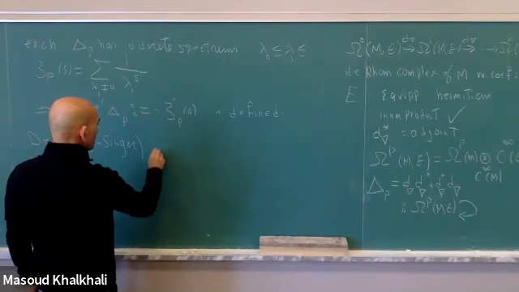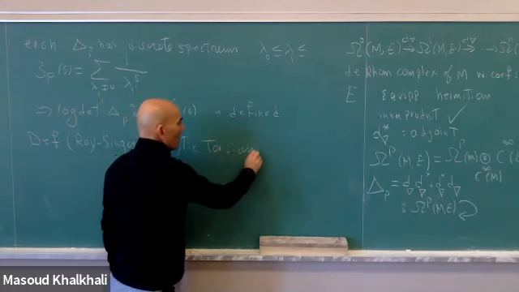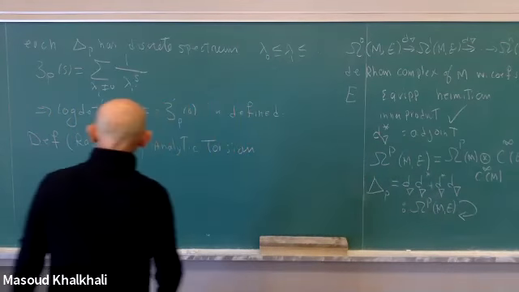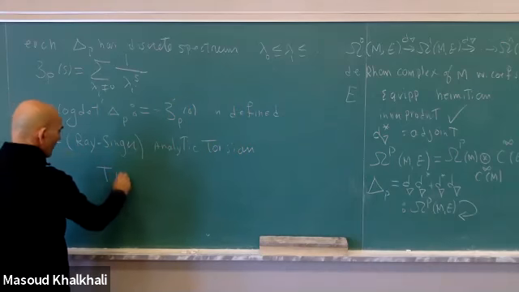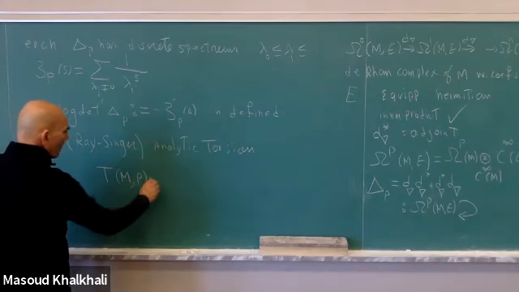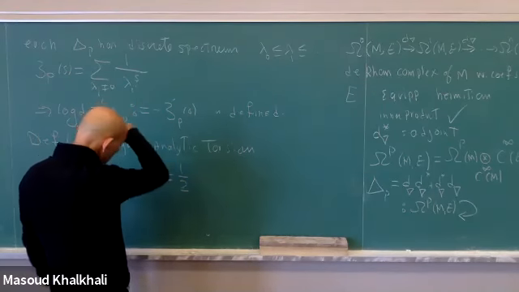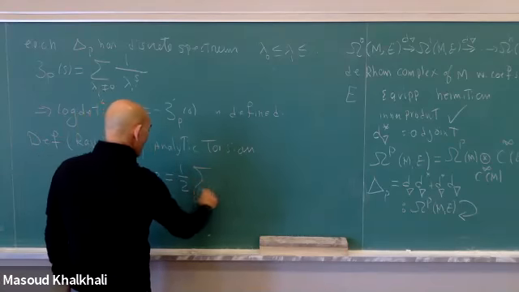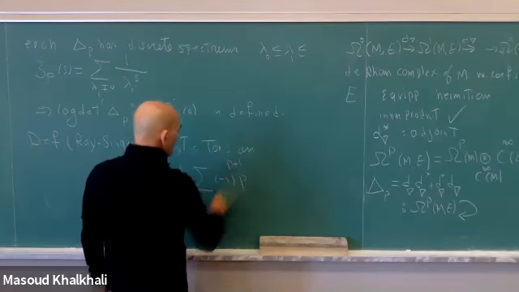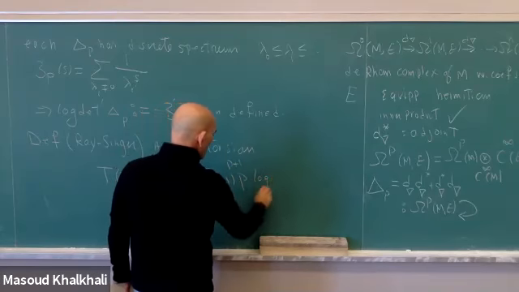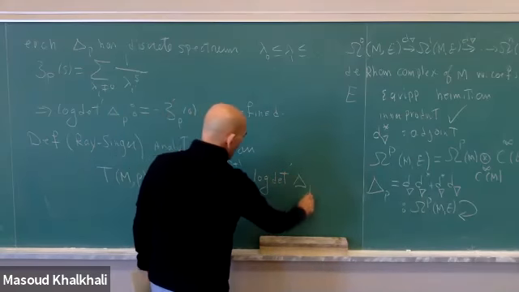The analytic torsion of this gadget that we defined, I believe the notation is T of M and this representation rho, is by definition equal to one half sum of minus 1 to the p plus 1, I'm not sure, p plus 1, p log det prime of delta p.